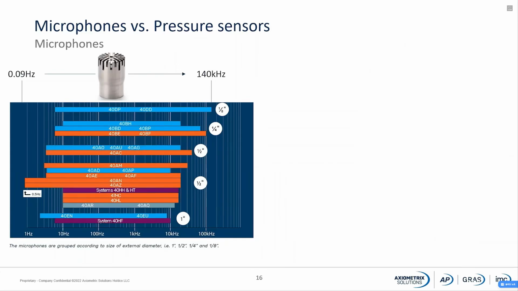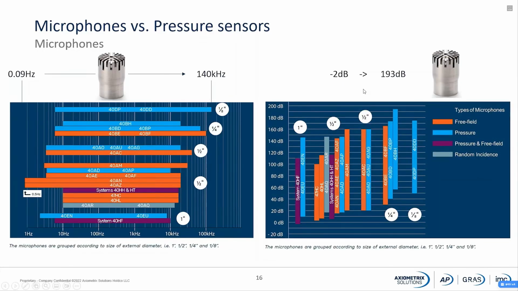So if you take a look at a product portfolio, you can see that we have microphones from 0.09 hertz up to 140 kilohertz. And if you take the dynamic pressure or dynamics of the microphone, it goes from -2 dB up to 193 decibel.